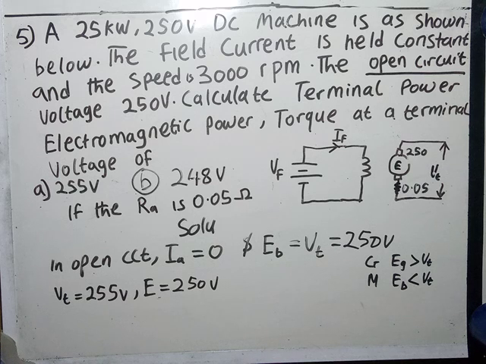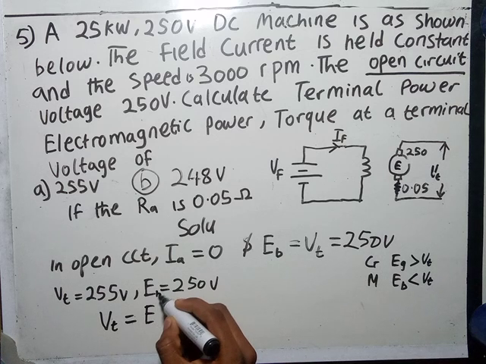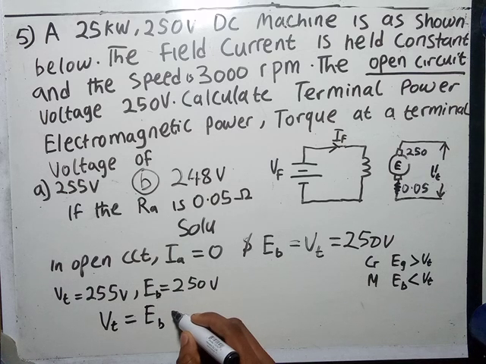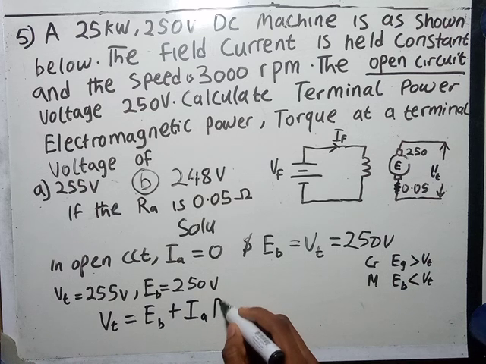Now, the equation for a motor is Vt is equal to E, which in this case we can call Eb, plus Ia Ra.